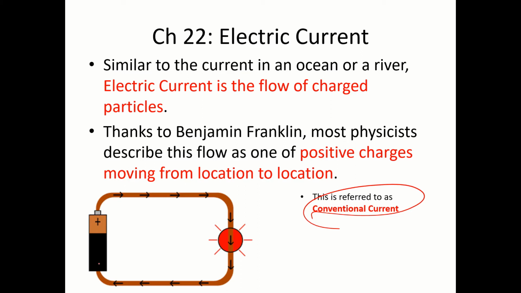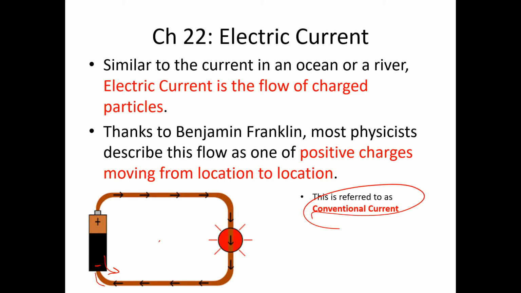But primarily the way you'll see this represented is that in a battery, you've got a positive terminal and a negative terminal. And every diagram I'm going to use is going to show electrons leaving the negative terminal of that battery and going through the circuit.